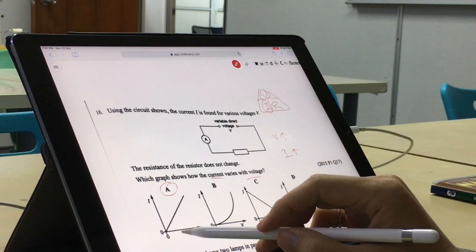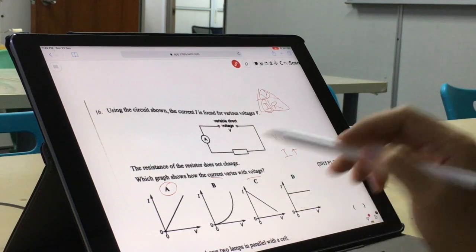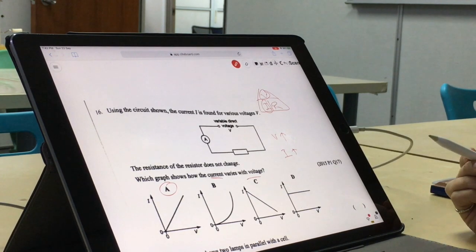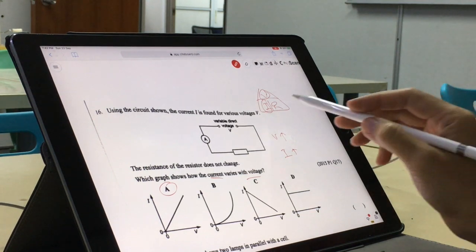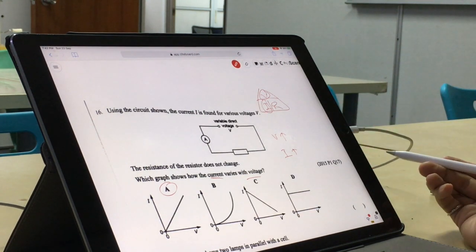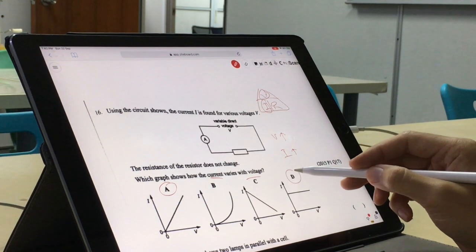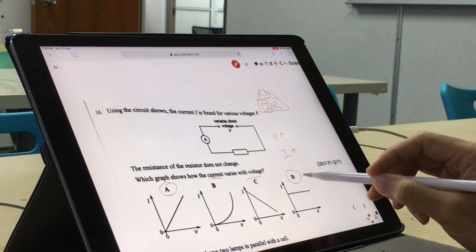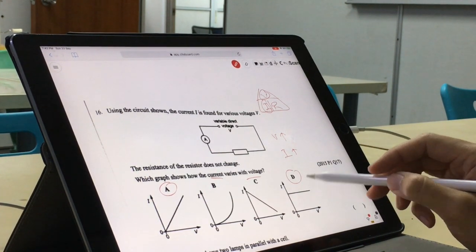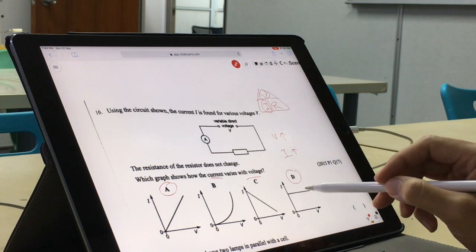Because A shows that when V increases, the resistance does not change. R remains the same. Why is it not D? If it's D, what does it show?